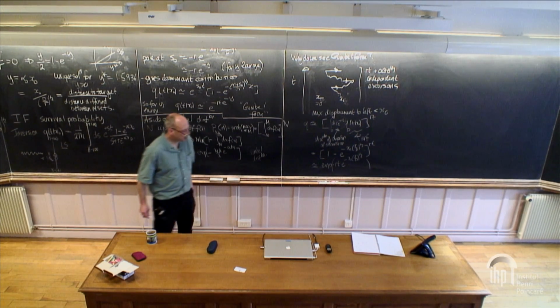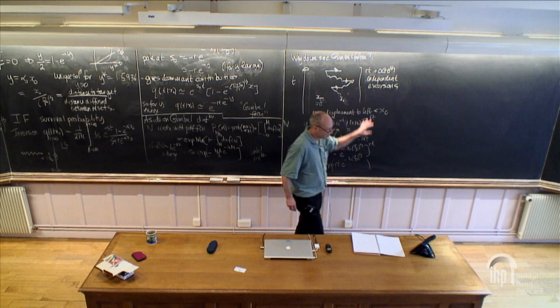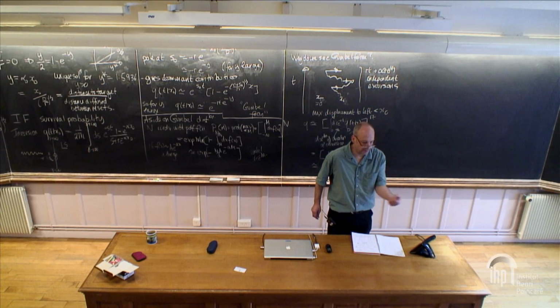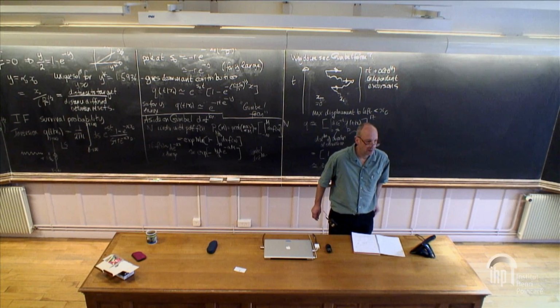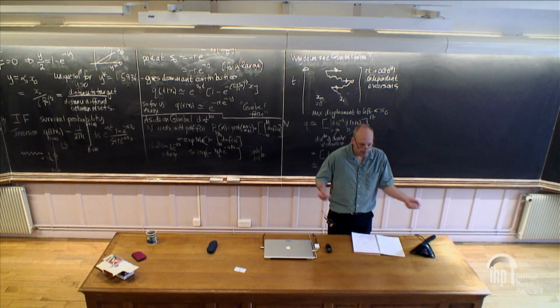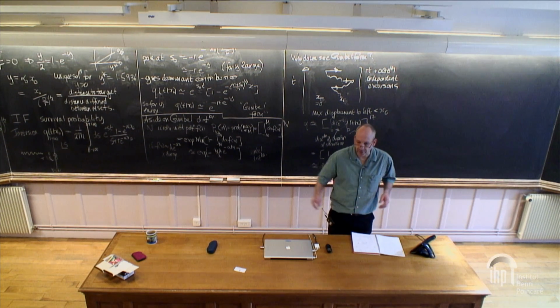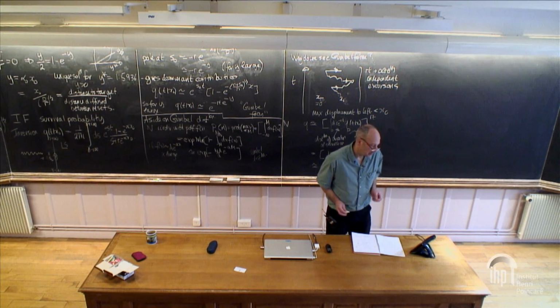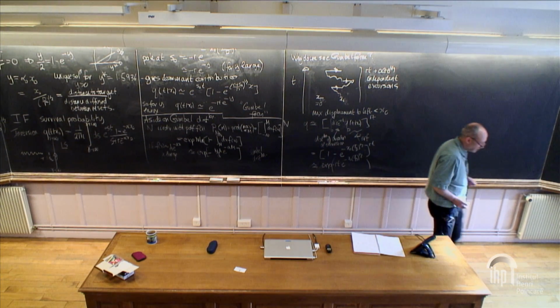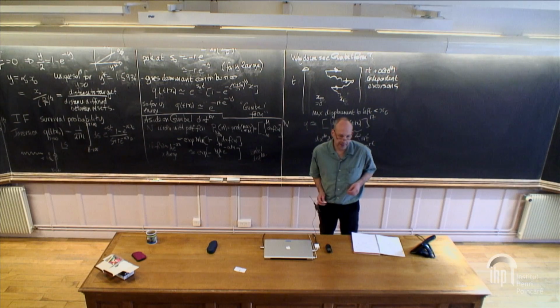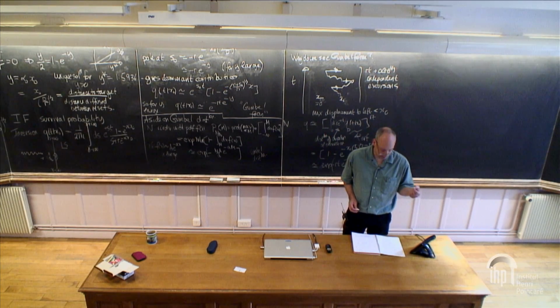Okay, so what I want to move on to now, so I'll just continue on this board, is: so far we just considered one diffusive particle and a target. And a natural question is, what happens if you have a bunch of searchers, like a team of people searching for a target? And this problem has been studied for the case of diffusive particles.